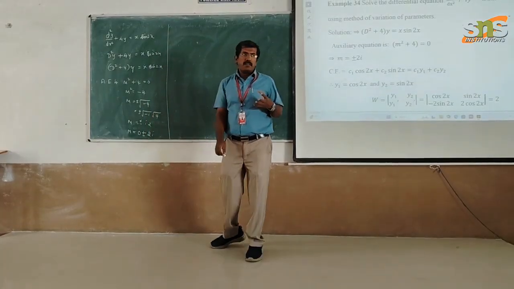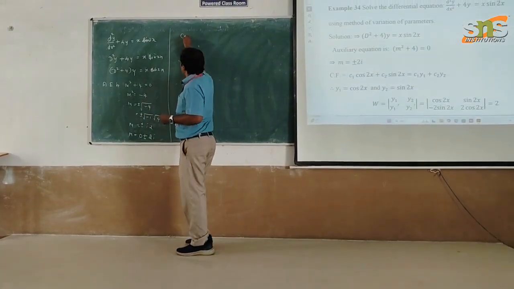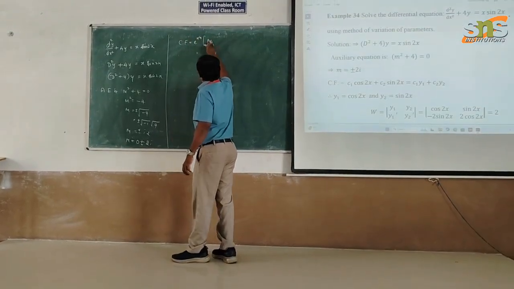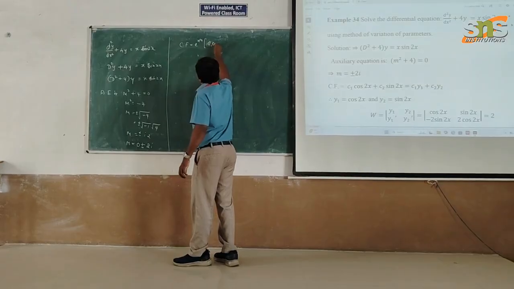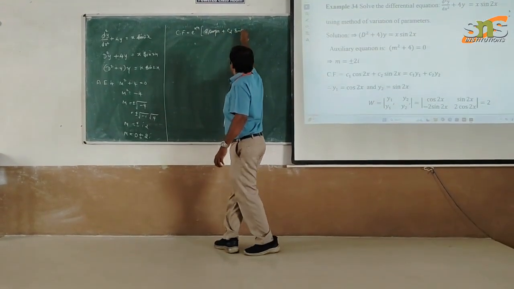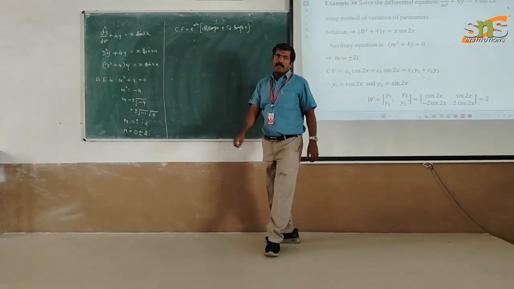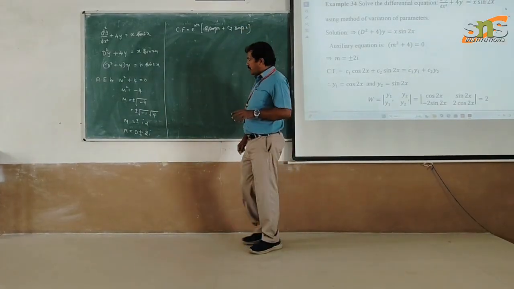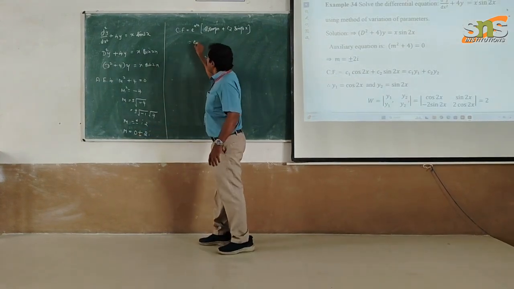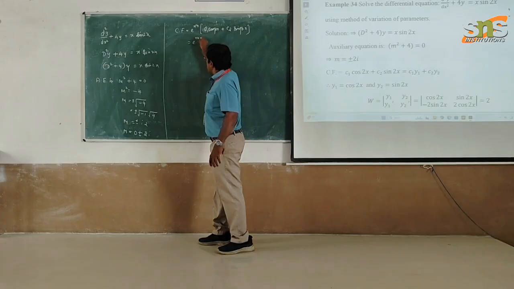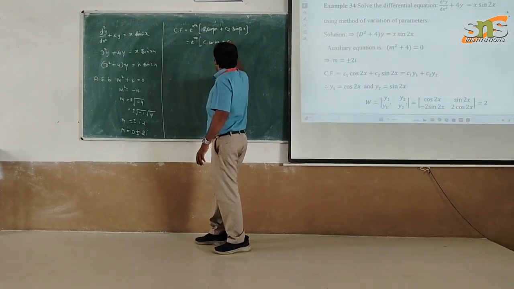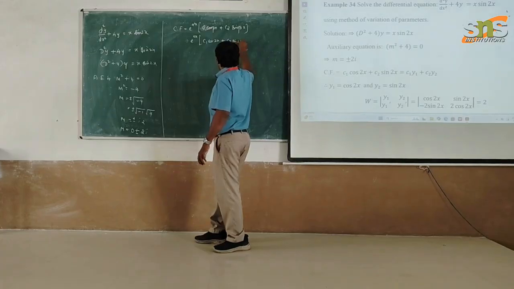CF is equal to e^(αx) (c1 cos βx plus c2 sin βx). Substituting α is 0 and β is 2, you get e^(0x)(c1 cos 2x plus c2 sin 2x).